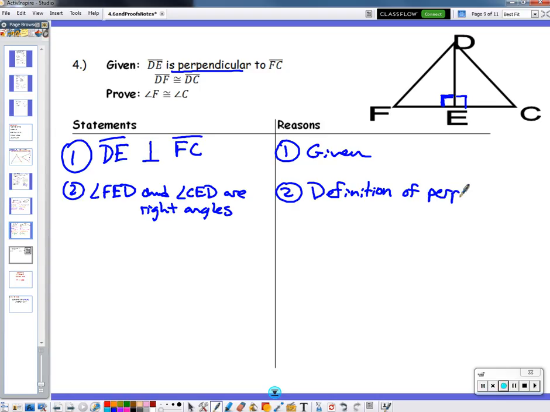Okay. So, knowing that those are right angles, what else could I do? EFD, ECD. Yep, those two angles are congruent to each other, right? No, the other way around. We start with E and go to F. EFD. Yeah. How do you know those are congruent?